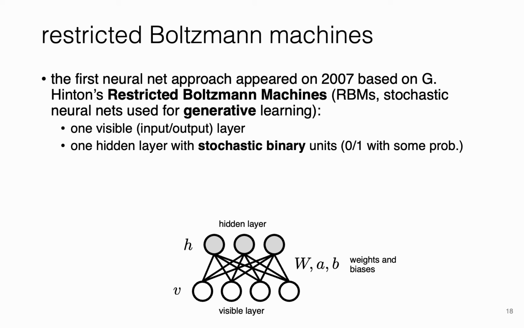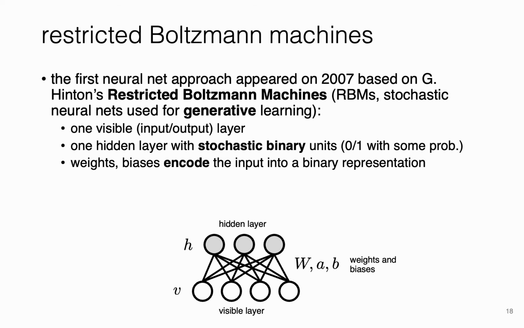They also have a single hidden layer that has stochastic binary units. This means that one such unit takes only a 0 or 1 value, which is decided by some probability. Connecting the visible and the hidden layer are connections with weights and biases. These weights and biases encode the input into the internal binary representation.